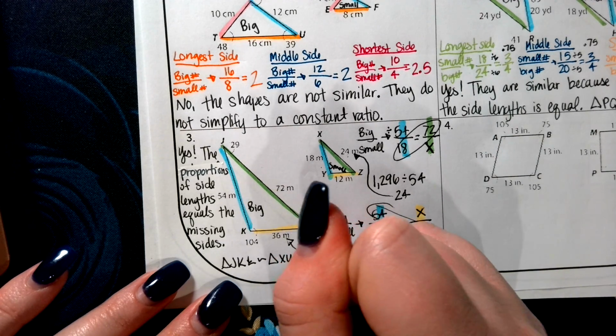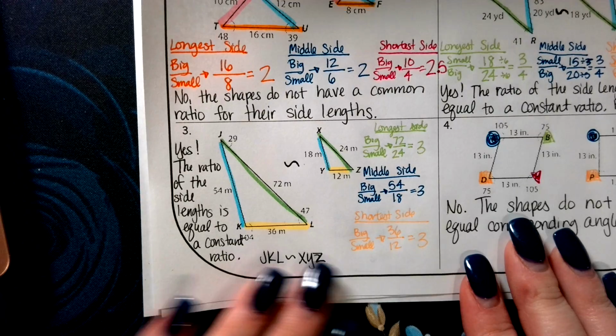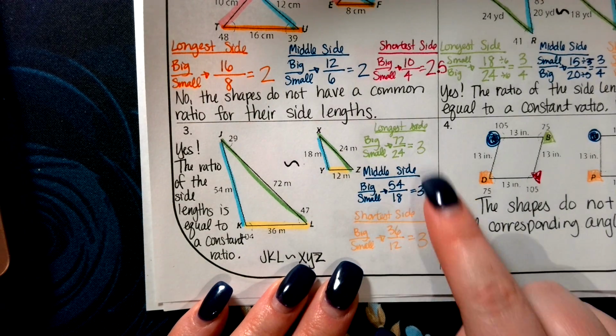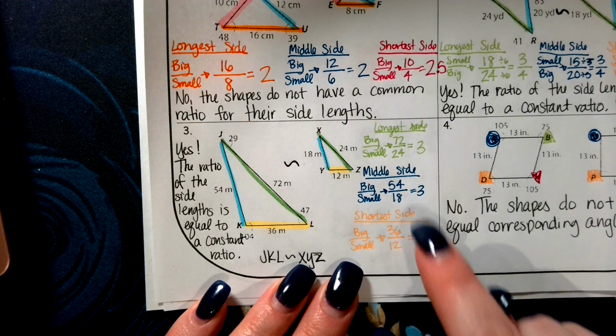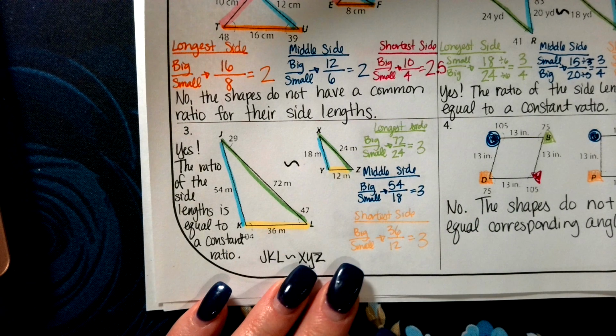For this last problem, number 4, oh wait, sorry, hang on real quick. If you solved it the other way, again, you're setting up your proportion and you get that this answer is 3 every single way you solve it. So yes, the ratio of the side lengths is equal to a constant ratio. So triangle JKL is similar to triangle XYZ.